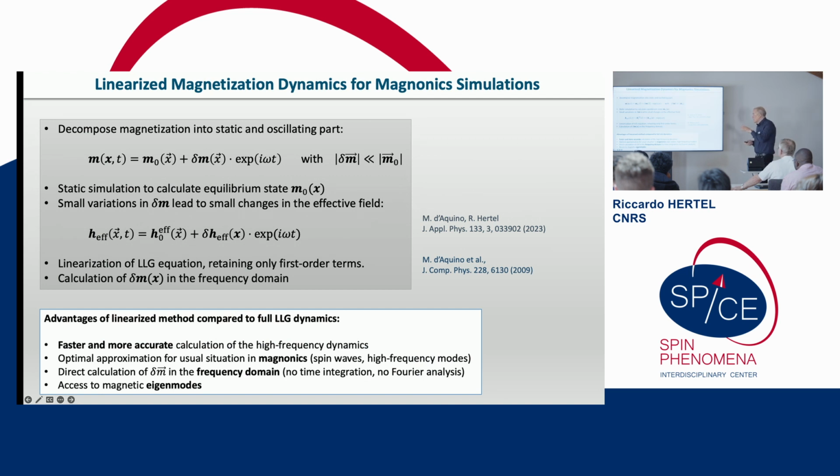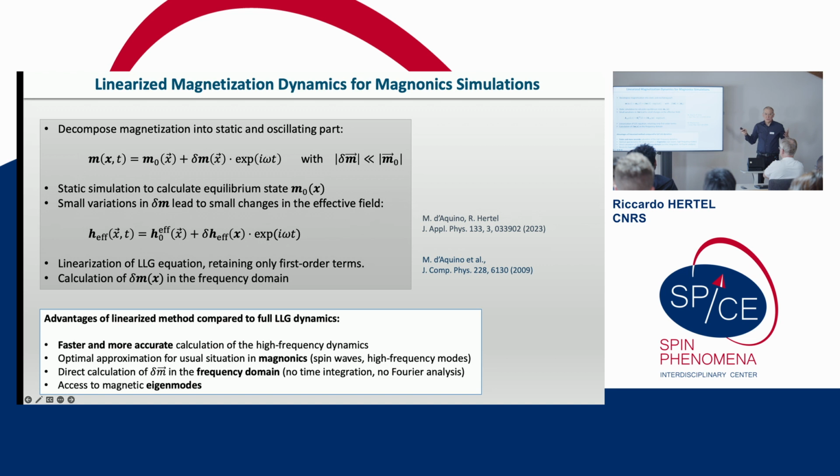Now I want to briefly discuss another numerical method that I developed with my friend and colleague Massimiliano D'Aquino, that concerns linearized dynamics of the magnetization, where we don't calculate the full LLG dynamics as is done in the TEDMAC code that I have described before, but only consider small variations of the magnetization around an equilibrium position.